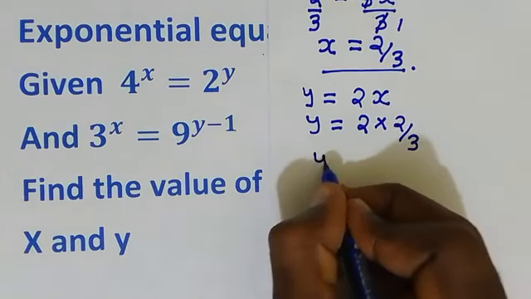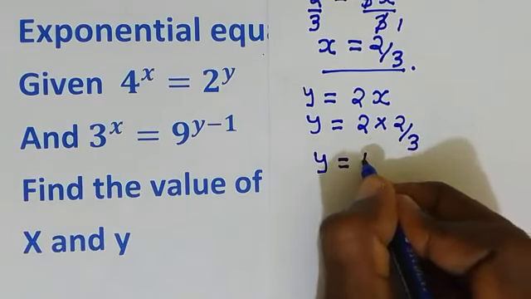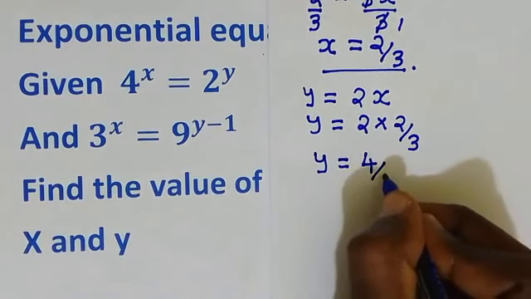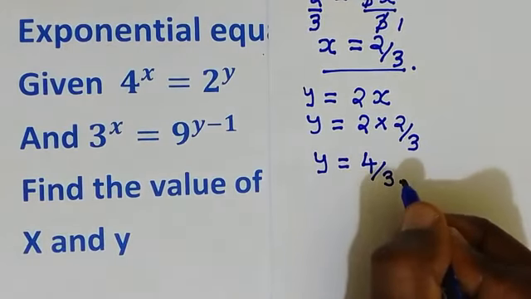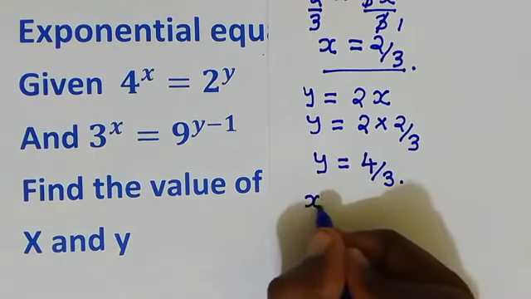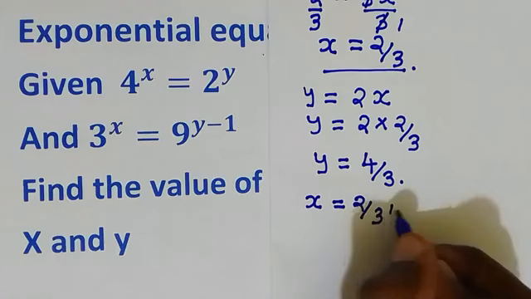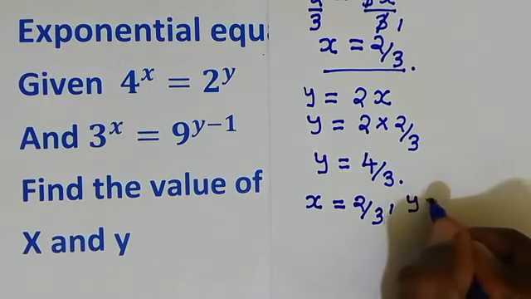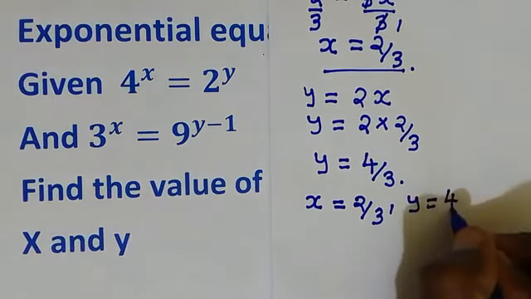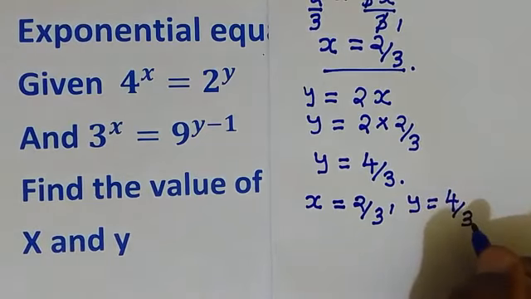We are going to get y is equal to 4 over 3. So the values of x and y are x is equal to 2 over 3, and y is equal to 4 over 3.